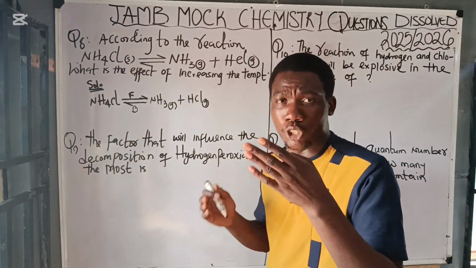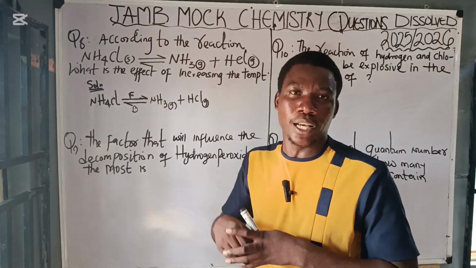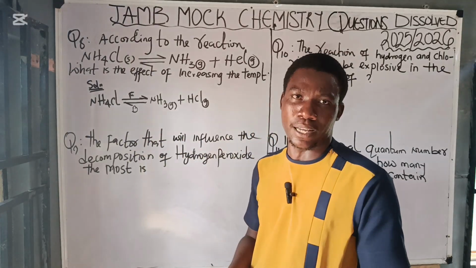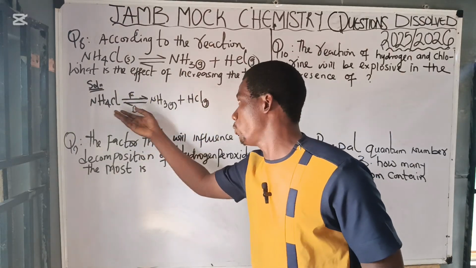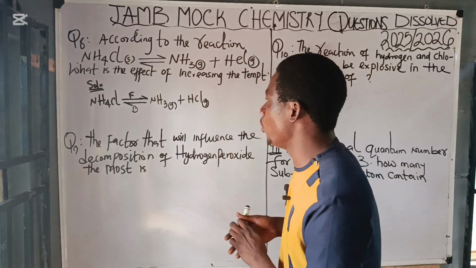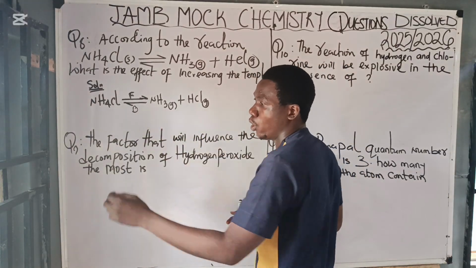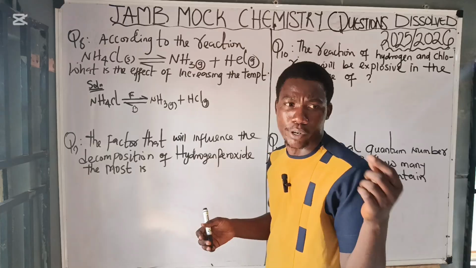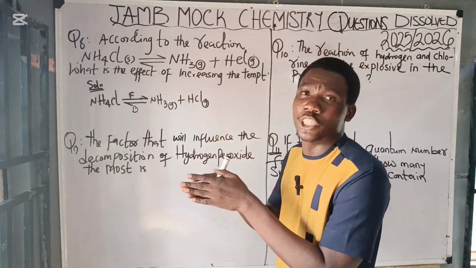A reversible reaction is one where the reactant can serve as the product and the product can serve as the reactant. If you look at it from here to here, this becomes the reactant, while this becomes the what? Product. But when you look at it from here to this place, this becomes the reactant, while this becomes the what? Product. So it's a type of chemical reaction where the reactant and the product are changing into each other.